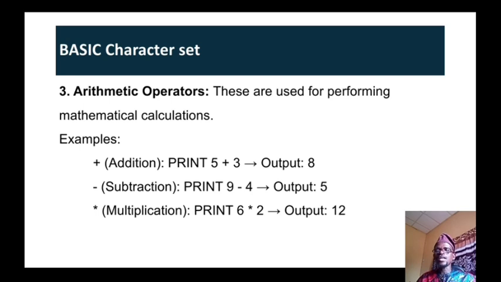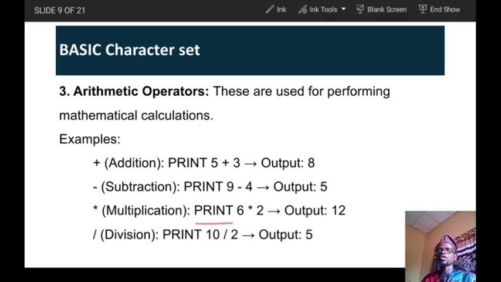Another one is star or asterisk. It is used for multiplication. When you see PRINT 6 * 2, the system will multiply 6 by 2 and give the result 12 on the screen. Another example of arithmetic operators is the forward slash. It is used as a division symbol in BASIC programming. For example, when you say PRINT 10/2, it means 10 divided by 2.